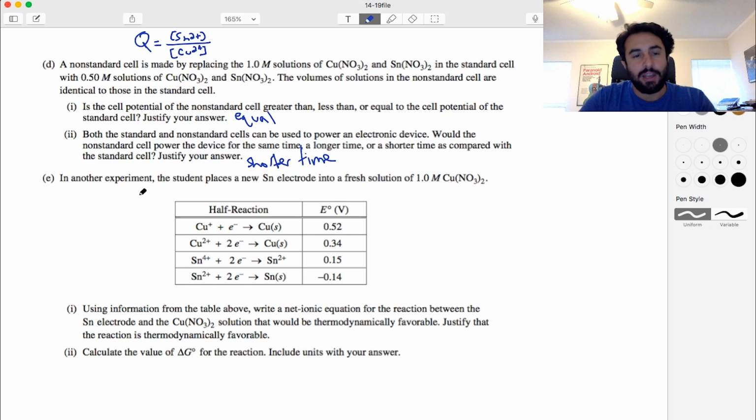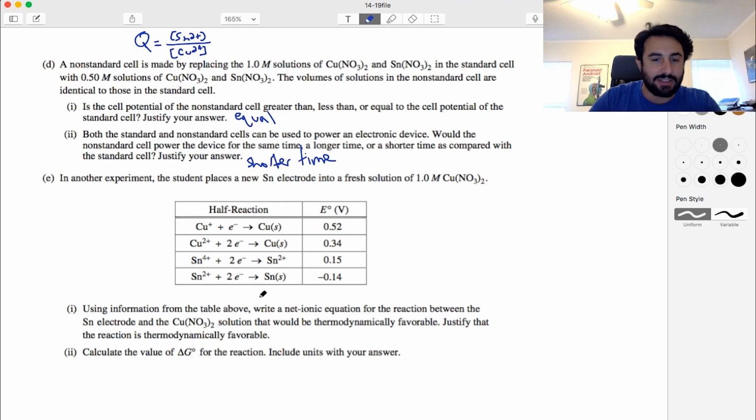Now this says, in another experiment, the student places a new tin electrode into a fresh solution of 1 molar copper nitrate. And so here we have some information. We want to write a net ionic equation for the reaction between the tin electrode and the copper nitrate solution that would be thermodynamically favorable. And so it's really the same thing, right?